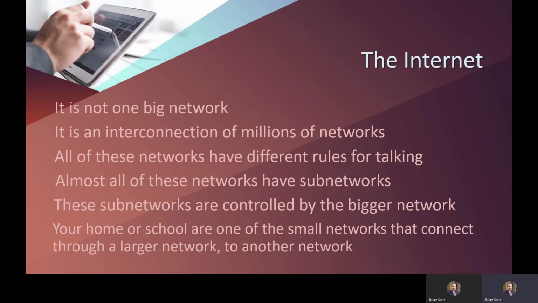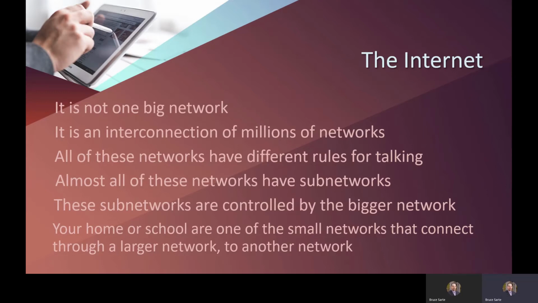Now, yes, there is what is referred to as the internet backbone. It's still not one big network. The internet backbone has interconnections as well. But when we think about the internet and how it works, we have to remember that there are millions of networks that make up the internet that connect and pass data from one place to another.